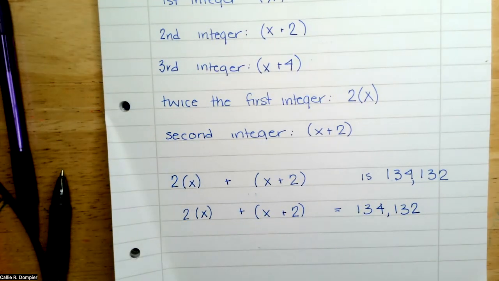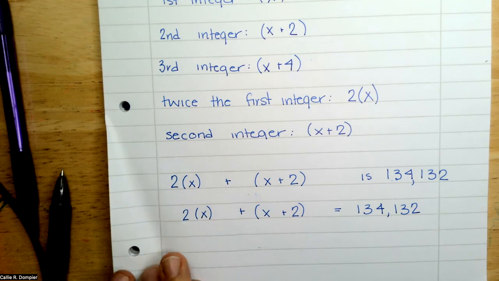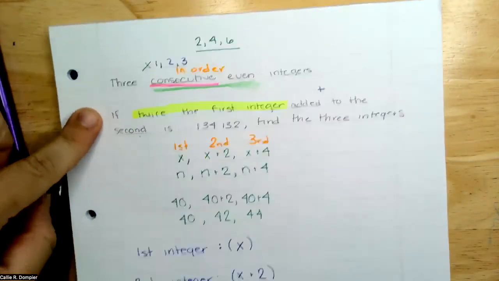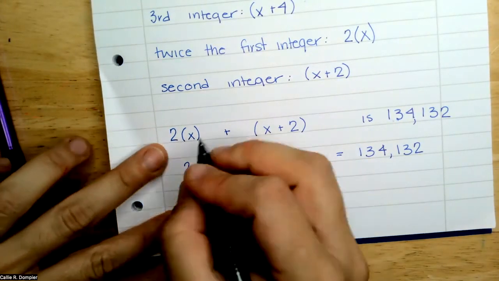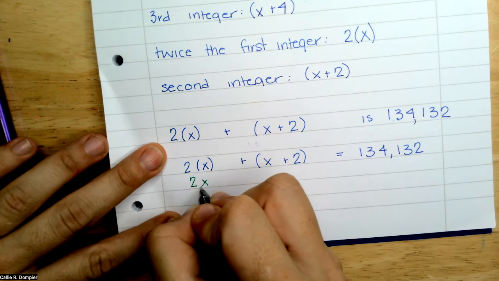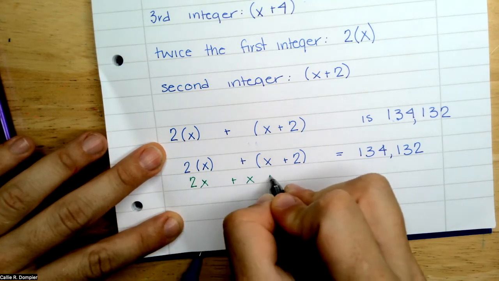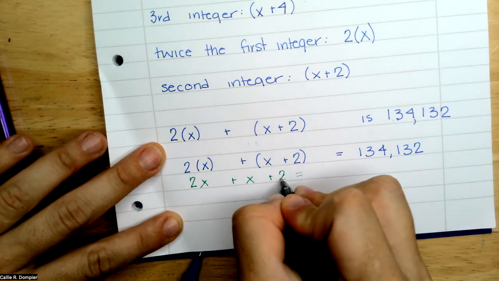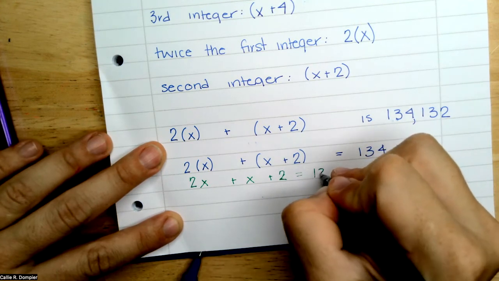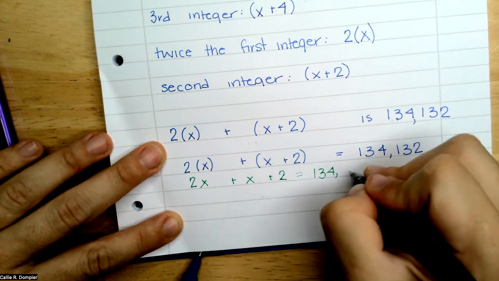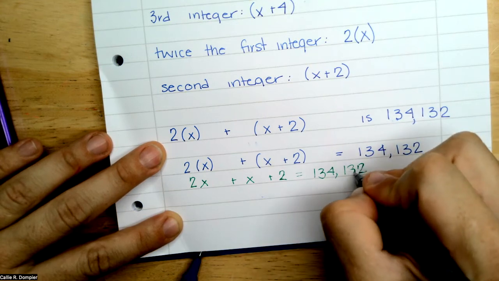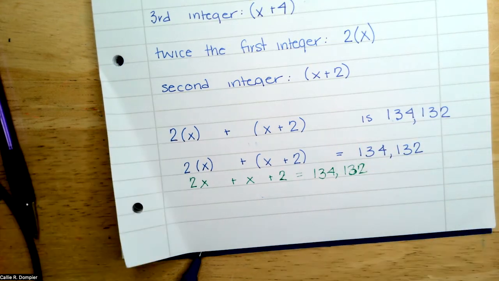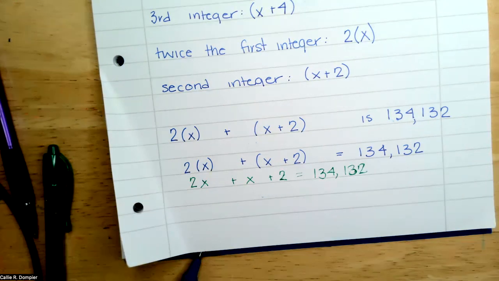Good. So that was definitely the hardest part, right? Translating all of that into one expression. 2 times x plus x plus 2 equals 134,132. Does that feel okay? So we translated all of that English into one math expression.